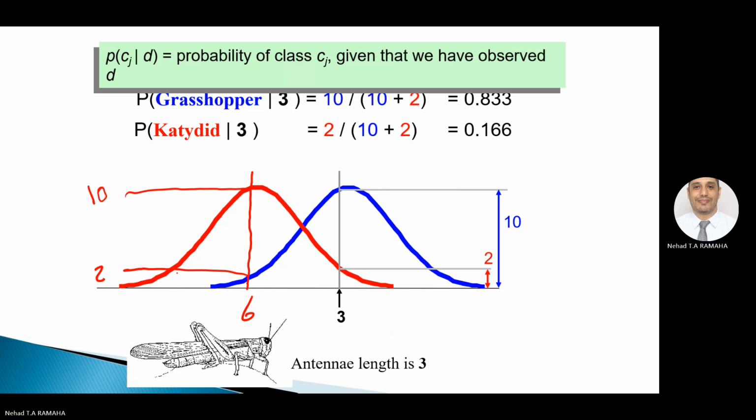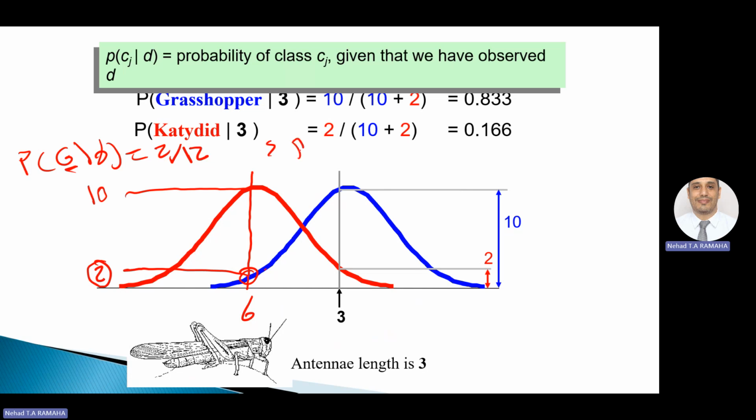The probability of grasshopper with antenna length 6, which is the blue one, is 2 divided by the total number, which is 12.